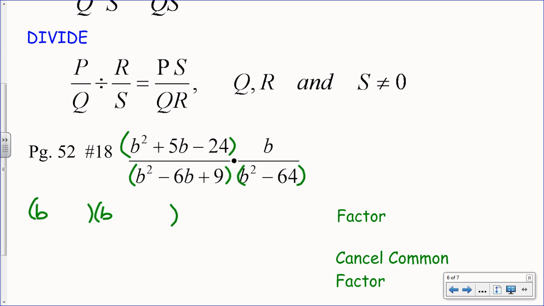I want to multiply to be negative 24 and add to be 5. So negative 3 and positive 8. Yes.